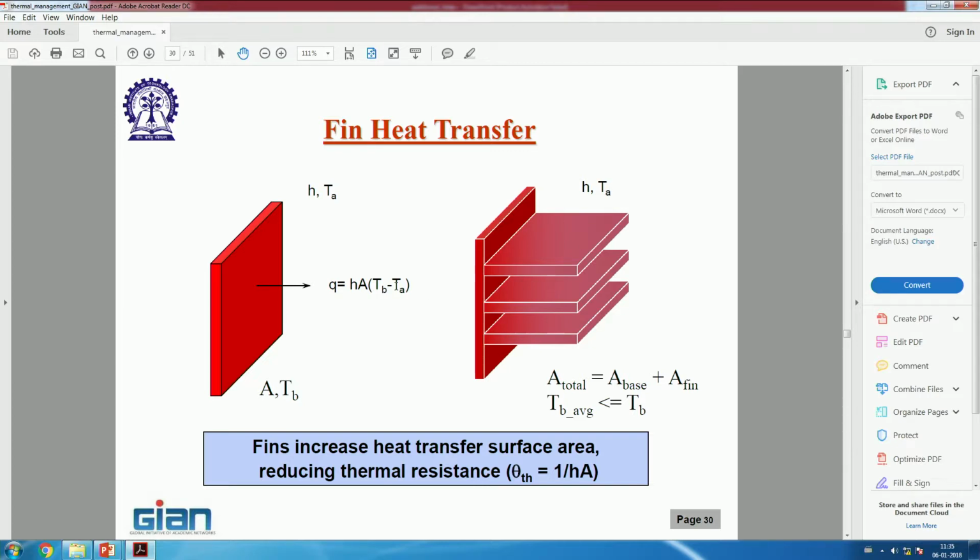Well, coming to Arun's point, ambient most of the times I don't have control over. I am stuck with where I am operating, both the outside ambient as well as the local ambient inside your system. T base, well, that is what I am trying to restrict, right? There is a threshold beyond which I cannot go. So for h, I will try my best, but beyond a certain point, if it is just air, how much more can I go? So h is definitely one point, but what about A?